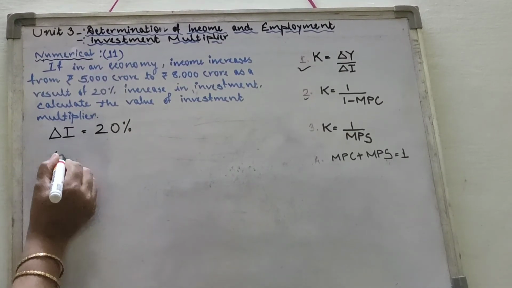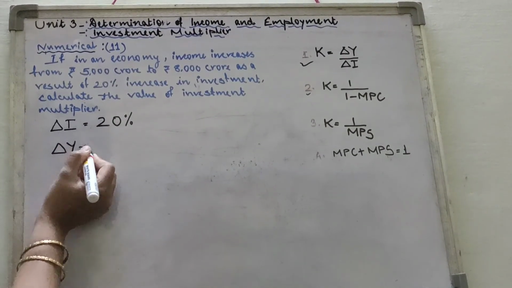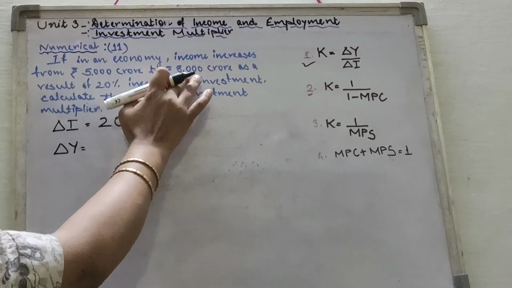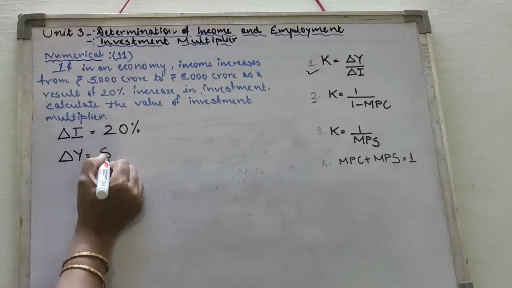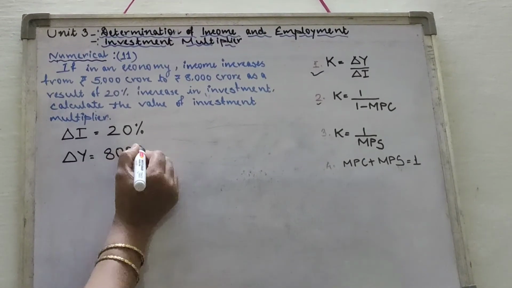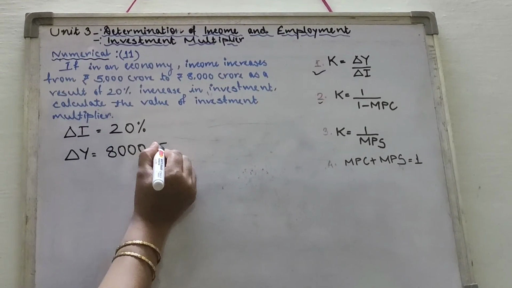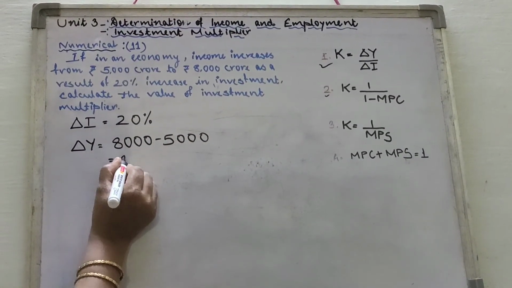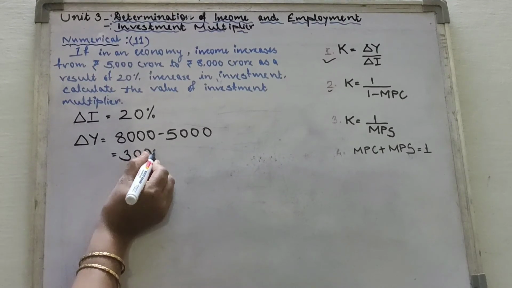How much is the change in the income? Change in the income, see, income increases from 5,000 to 8,000. That is 8,000 minus 5,000. That is 3,000 is the change in the income.